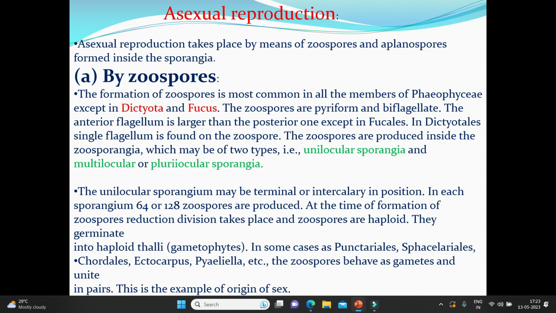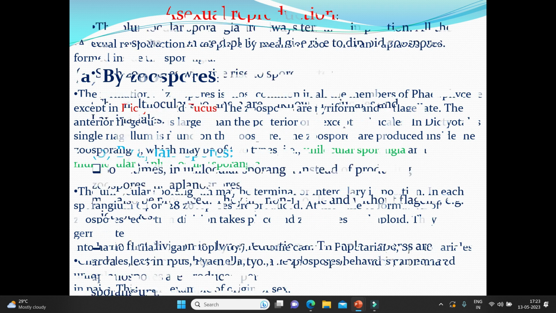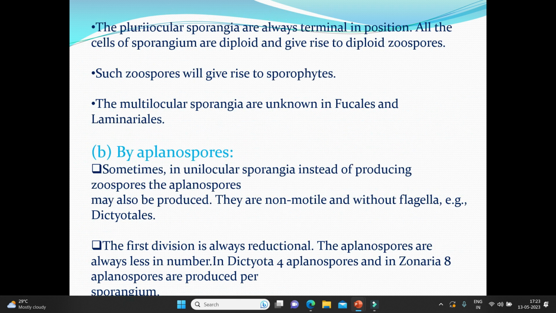In some cases, the zoospores behave as gametes, which is an example of the origin of sex. The plurilocular sporangia are also terminal in position.